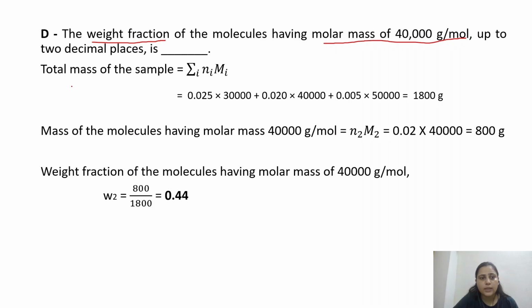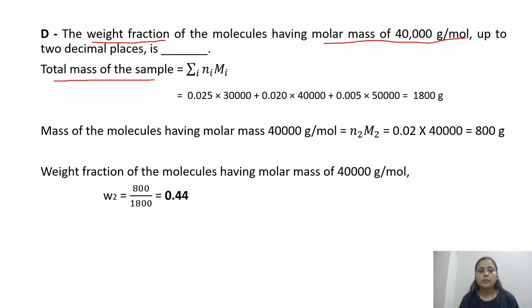Weight fraction of any species, like species A or species B, equals the mass of that species divided by the total mass. So we need the total mass for this calculation.